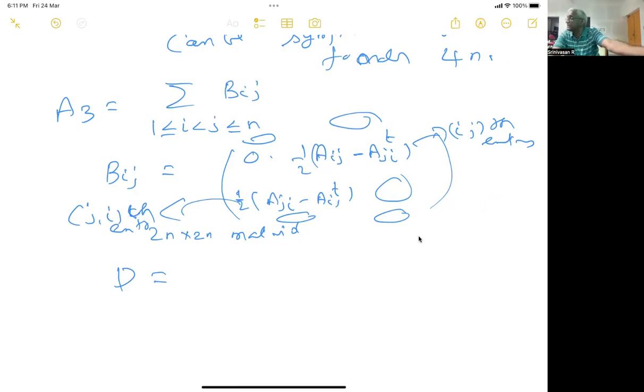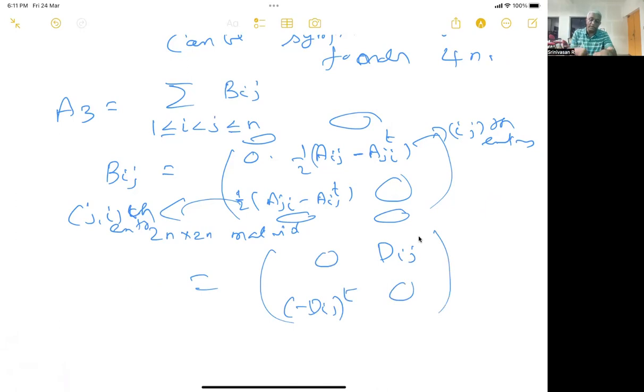It is just D minus D transpose, of this form. This is equal to Dij, the matrix, minus Dij transpose, where you include the zeros, everything.